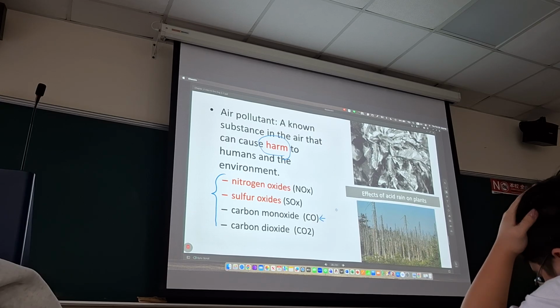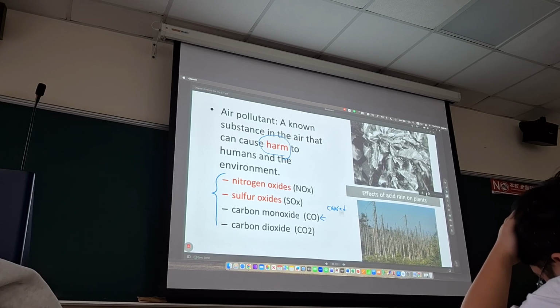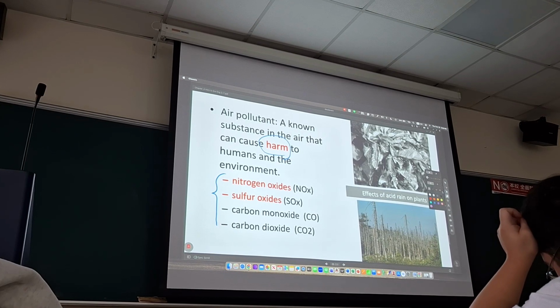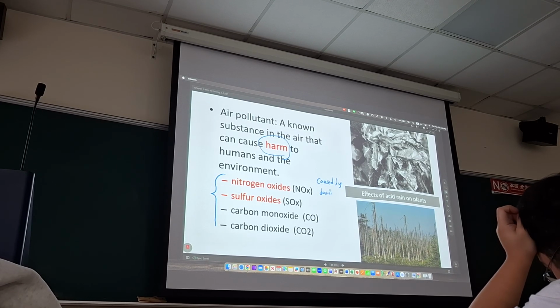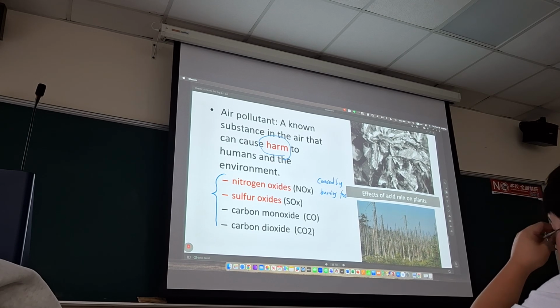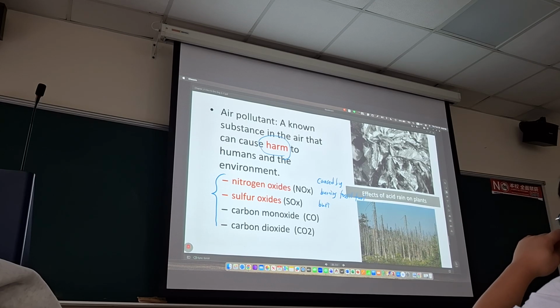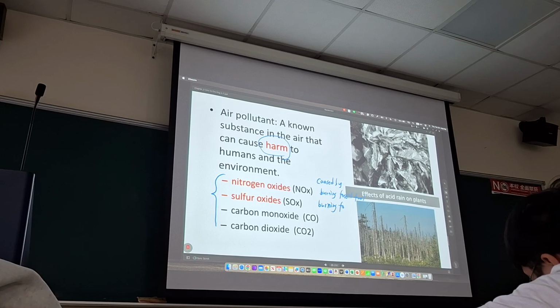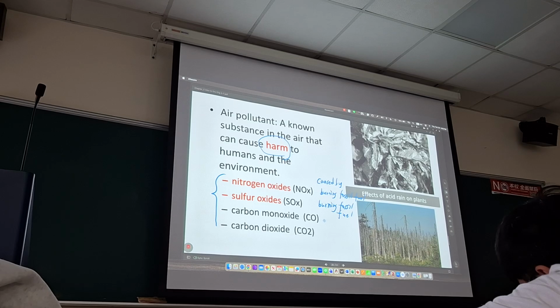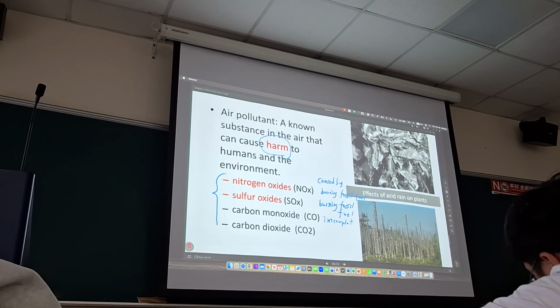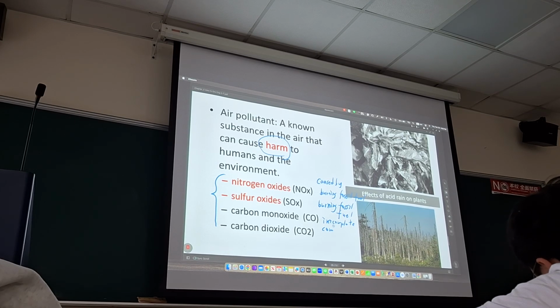Carbon monoxide is caused by burning fossil fuel. Carbon monoxide is caused by incomplete combustion.